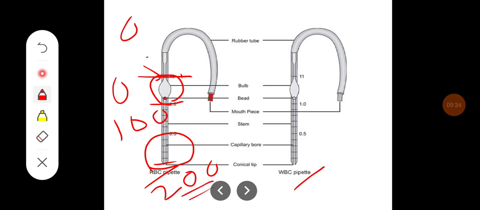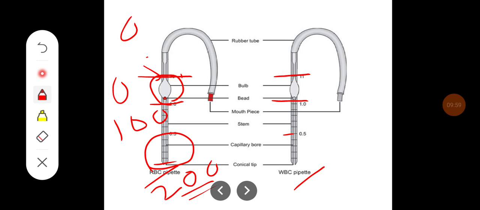Similarly, in WBC, blood is sucked up to the 0.5 mark and the remaining volume, up to the mark of 11, is filled with the WBC diluting fluid. Hence the Turk's fluid, the WBC diluting fluid in the stem part, will not take part in the dilution.